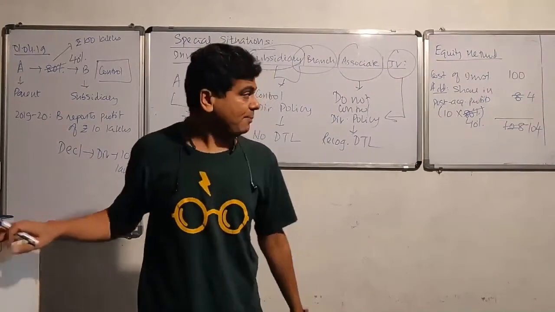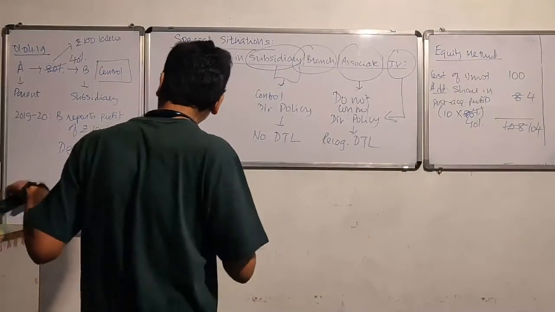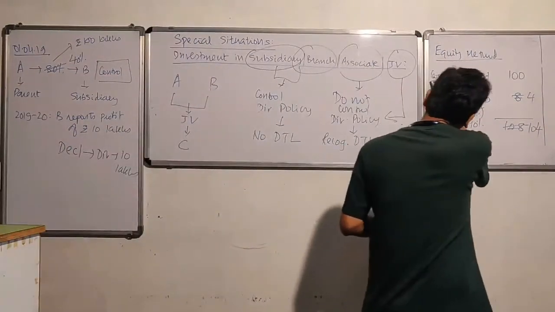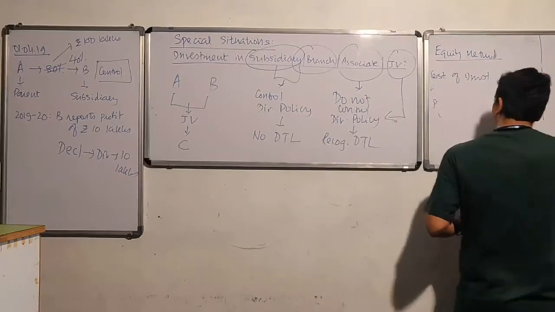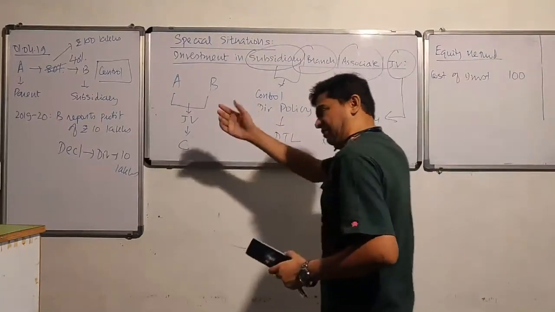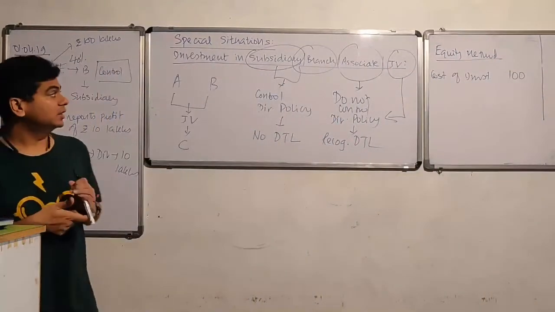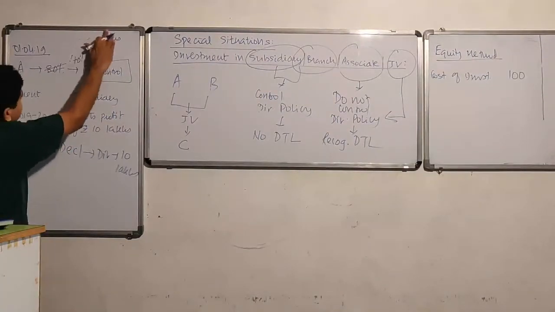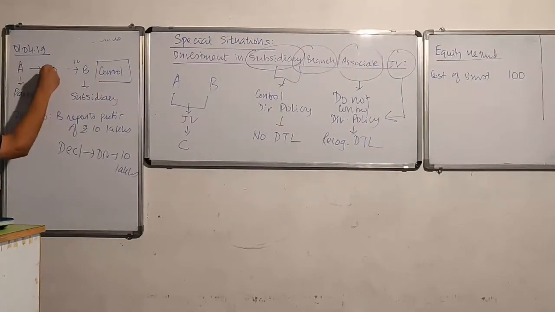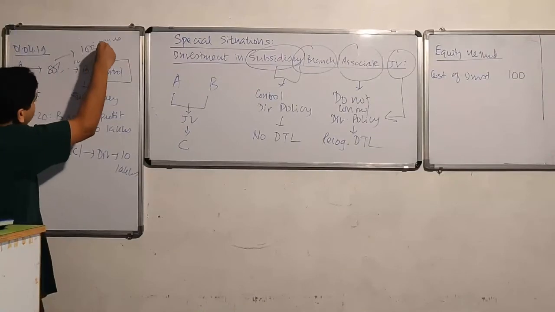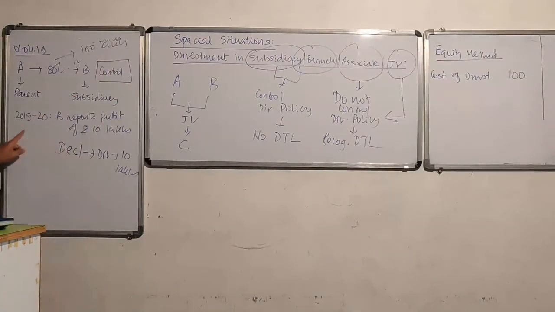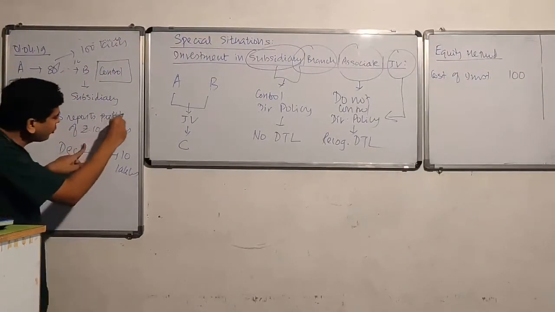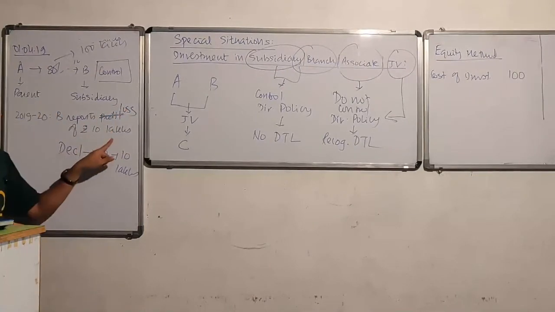And finally, to wrap up this particular discussion, what if the company suffers a loss? Then what shall we do? We return back to the original illustration. Let's say you have acquired 80% shares for 100 lakhs, the original, and you are reporting instead of profit a loss of rupees 10 lakhs.